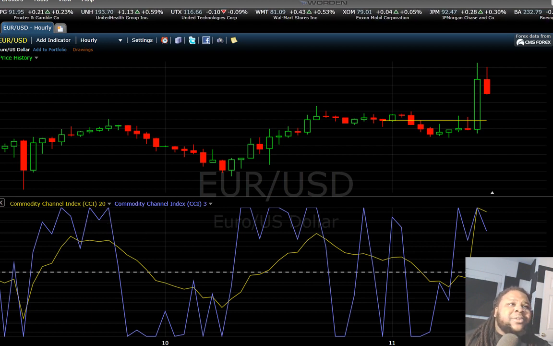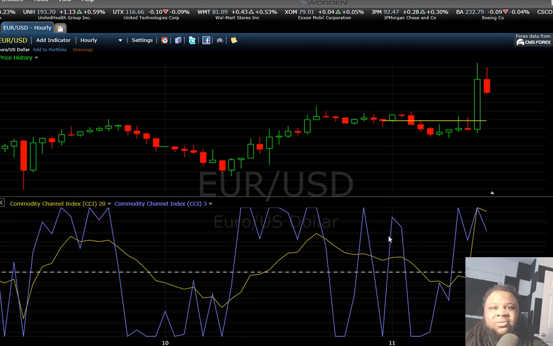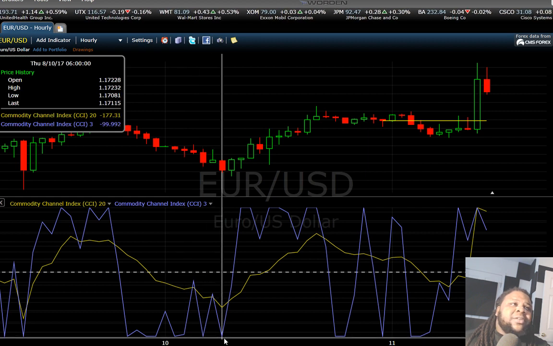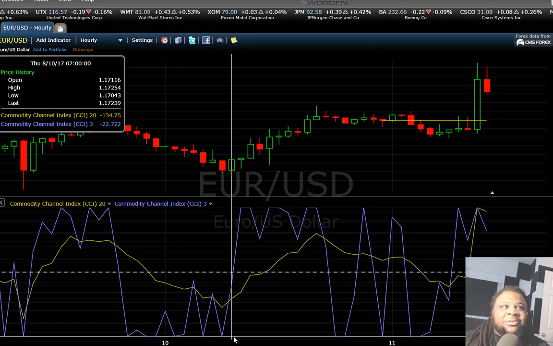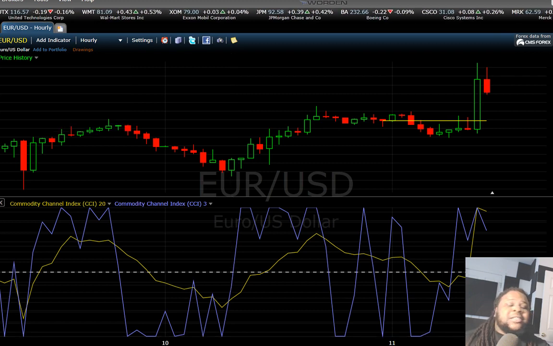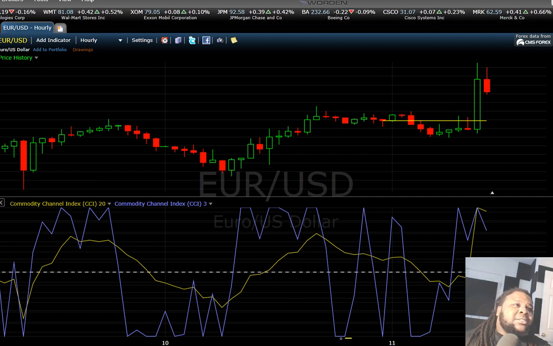there is a resistance point and a support point when you use a certain value or a certain asset. As you guys see down here, everything reverses at 300 or around this area. Everything reverses on this, literally a support and resistance for the commodity channel index.